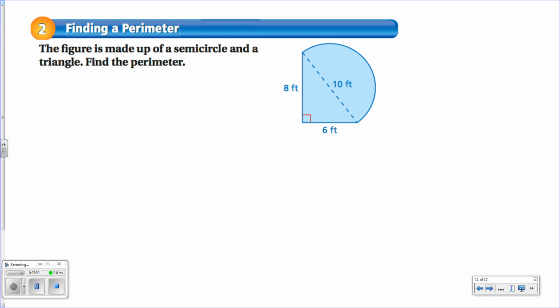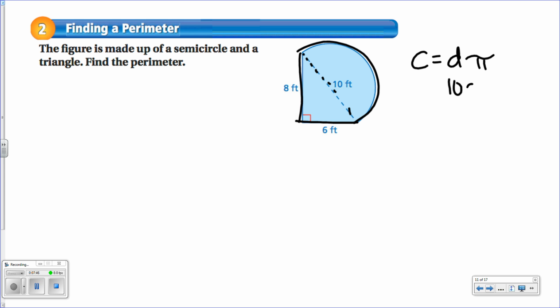So now we want to look at figuring it out if we're not estimating, but finding an exact number. So the perimeter means the distance all the way around. So I know the distance of this side, it's 8, and the distance of this side, it's 6. And the only other distance I need is this big curve, which you'll notice is a semicircle. It's half a circle. So we're going to find circumference. Circumference equals diameter times pi. And I know my diameter, they've got it dotted in here for us, at 10.